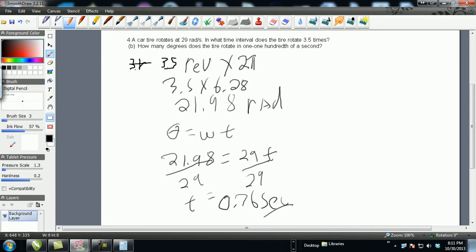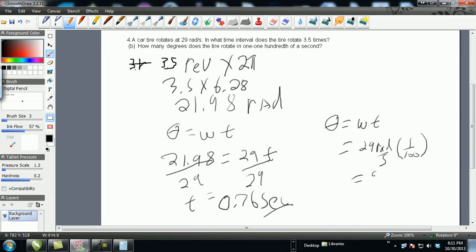Now, how many degrees does a tire rotate in 1/100th of a second? So we need to figure out how far that thing goes in 1/100th of a second. We know that theta, angular distance, is equal to omega t. You know omega is 29 radians per second, and you're going for 1/100th of a second.